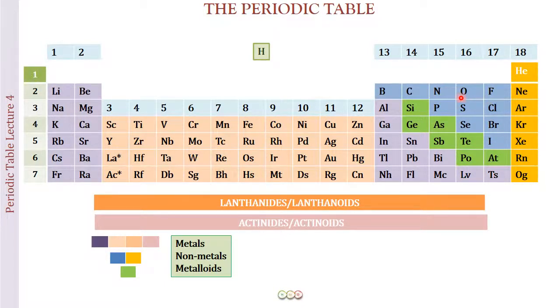Right. So there is a regular gradation of the metallic to the non-metallic character. This we will be discussing in further lectures also. So you can see the differentiation into metals, and these are metalloids, and then these are non-metals, and these are the noble gases. Fine.